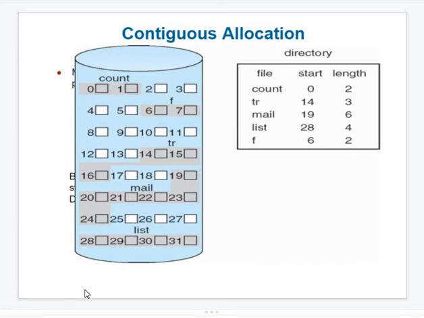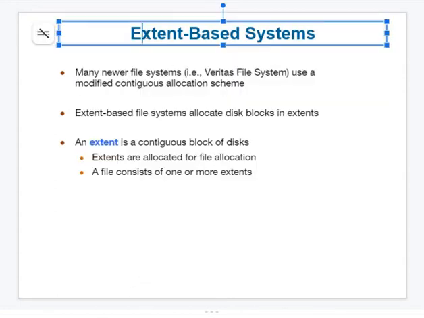We have to extend this block: 32, 33, 34, 35, 36, 37, 38, like that we have to extend. So the name of the file is I, starting is 32, length is 7. That means 32, 33, 34, 35, 36, 37, 38 are all occupied. That is called extension based.